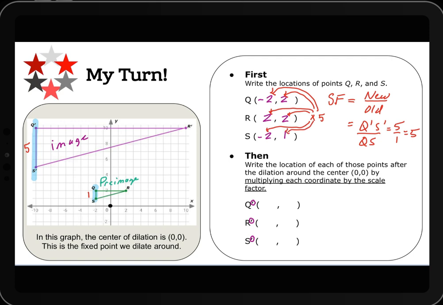And by doing so, we can produce the coordinates of our image. So for example, here I would get -10, 10, which you can confirm over there on the left. You get +10, 10, and you get -10, 5. And all I had to do was multiply the original 3 ordered pairs and their x coordinates and y coordinates by the scale factor to result in the correct ordered pairs for my image.